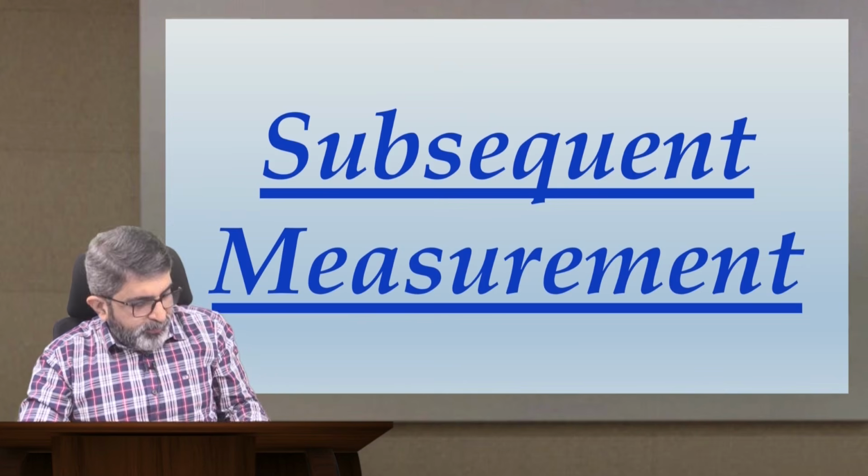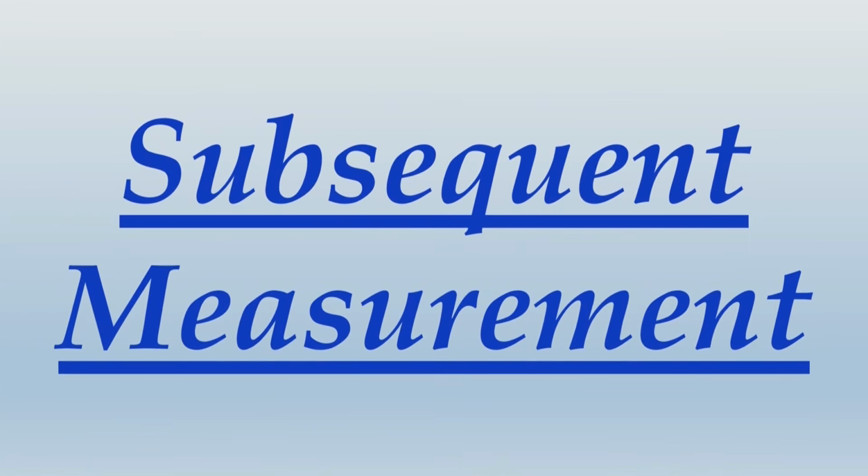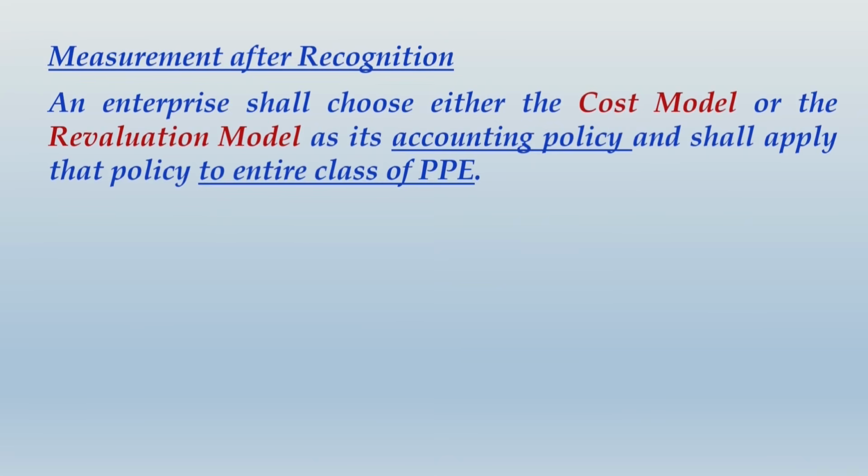So let us do one thing. Let us write up some notes on subsequent measurement. Under the heading subsequent measurement, that is the measurement after recognition, an enterprise shall choose either the cost model or the revaluation model as its accounting policy and shall apply that policy to an entire class of PPE.